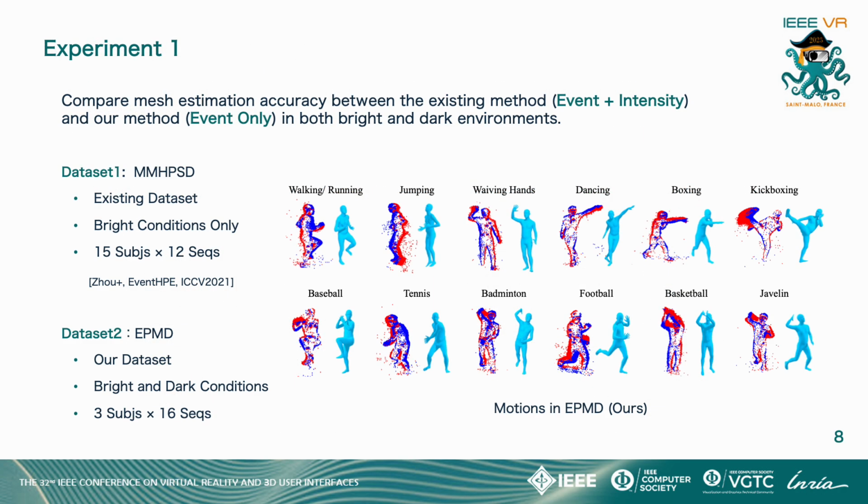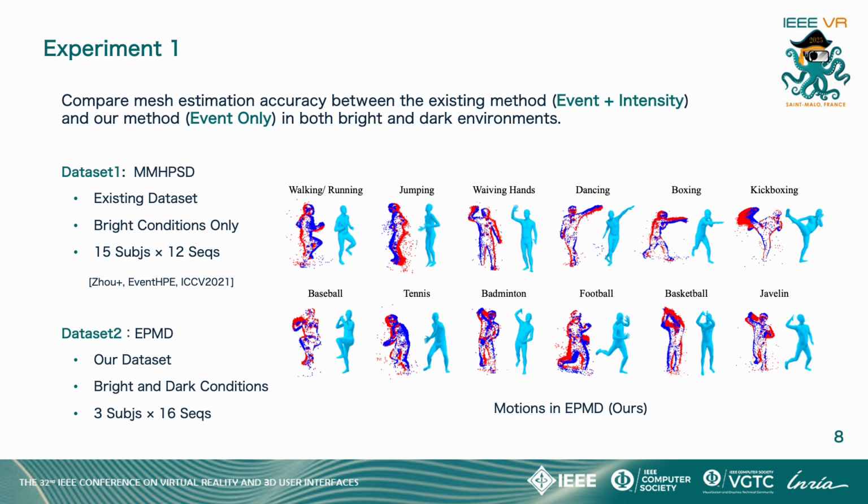We conducted several experiments to demonstrate the effectiveness of our proposed method. The first experiment compares the mesh estimation accuracy of a conventional approach, relying on both event data and intensity images, with our approach that uses only event data.